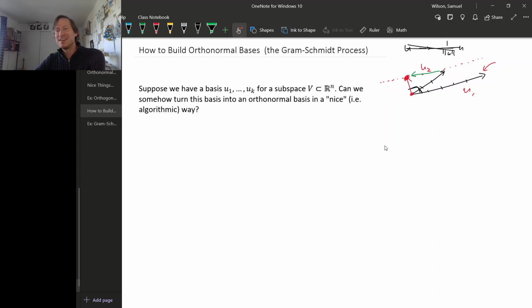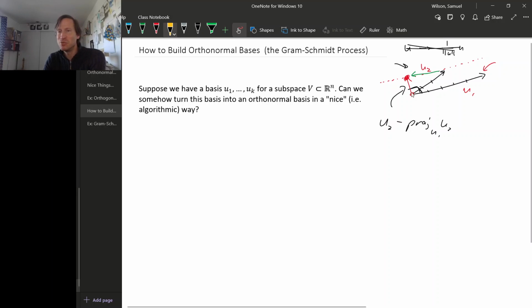Well, this is exactly the orthogonal complement that the dot product gives you. This is just the original vector, but then you subtract the projection of u2 onto u1. The projection of u2 onto u1 is this yellow vector here, and you can see the green vector is just the negative of the yellow one.